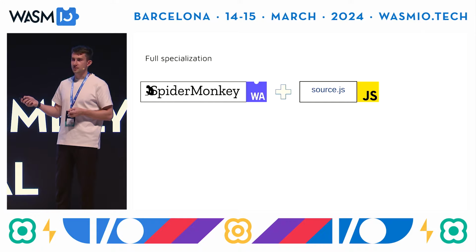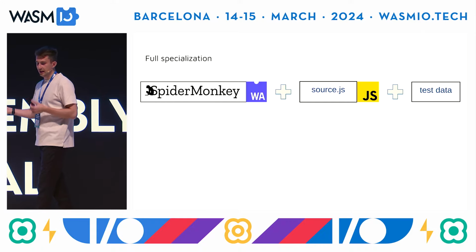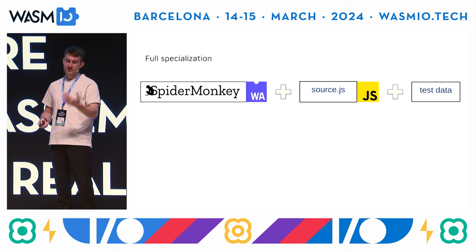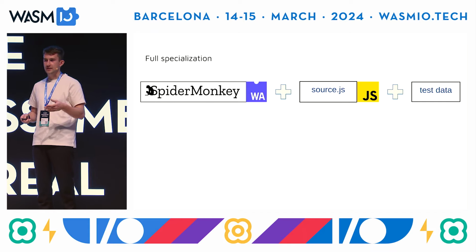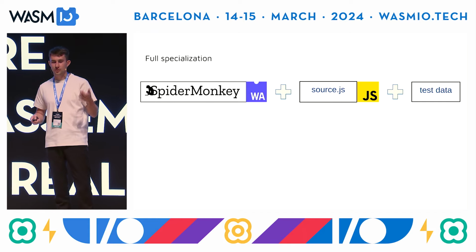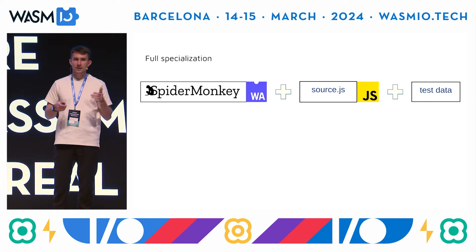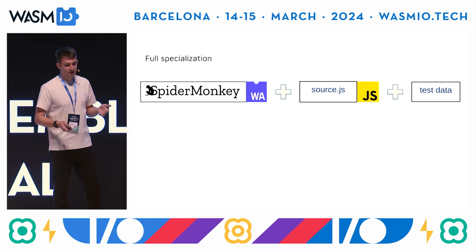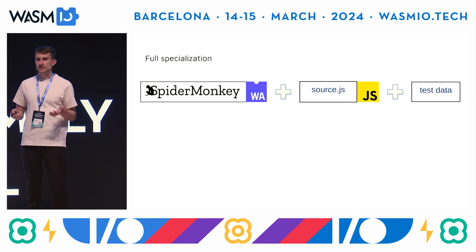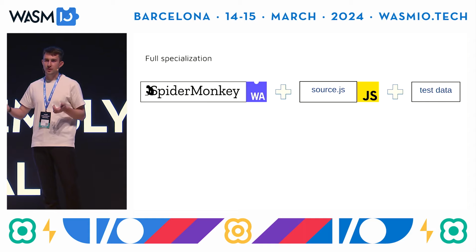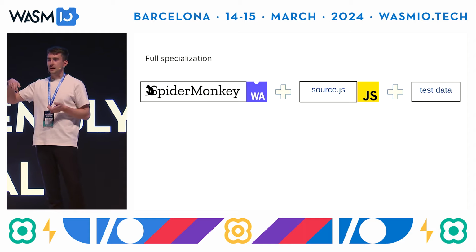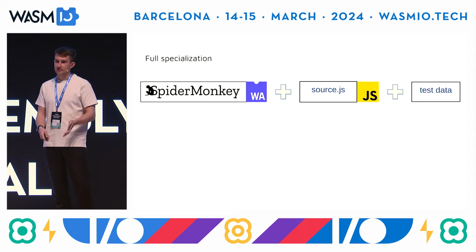you provide your source.js. And you can, or actually it will be better if you provide some test data for your source JavaScript. In some cases, it's easy to provide some test data. For example, if you are compiling your TypeScript into the source JavaScript, you know all the types.